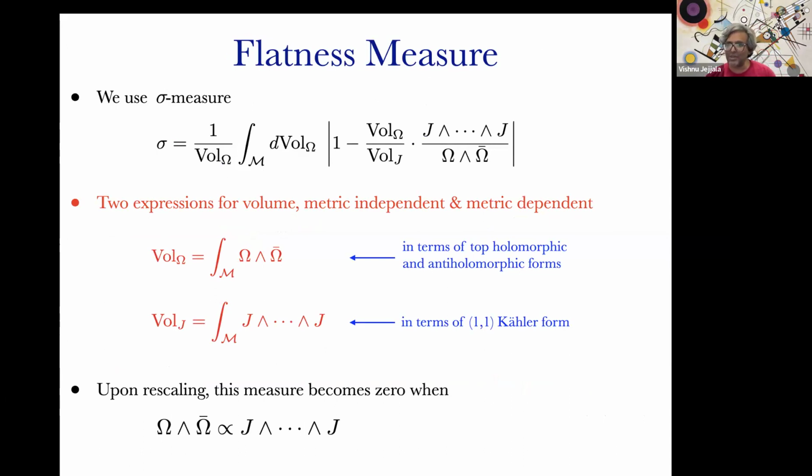It's also described in terms of the Kähler form wedged together integrated over the manifold. So the latter expression is metric dependent. The two expressions will cancel against each other when we achieve the Ricci-flat metric. So this flatness measure is a good way of knowing how close we are to being Ricci-flat.